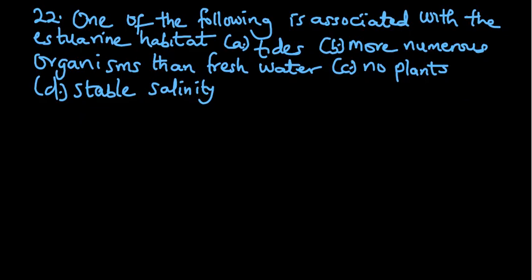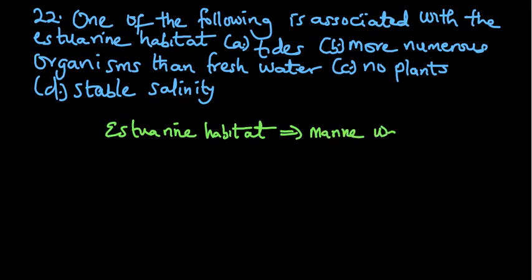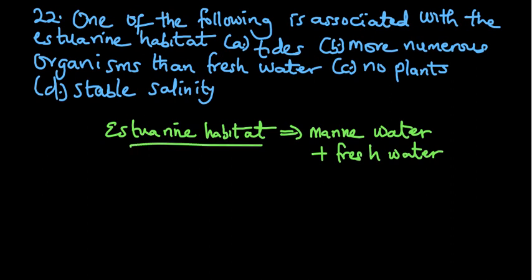So it forms when sea water or marine water mixes with fresh water. Fresh water is water that has very low salinity, that is low salt content. So estuarine is formed when marine water body is mixed up with fresh water. So being a combination of marine water and fresh water, it will have what? Tides.